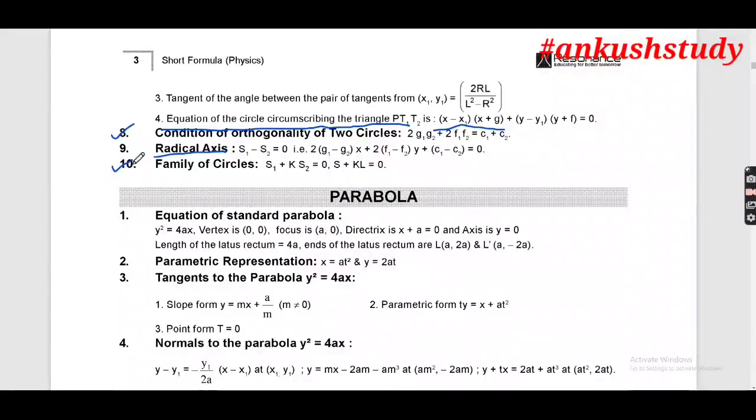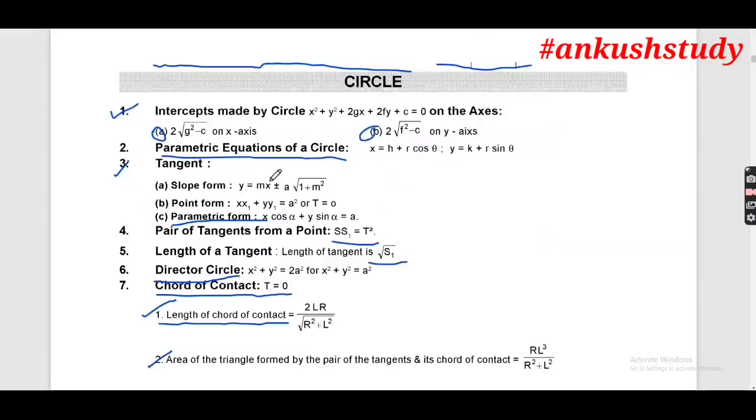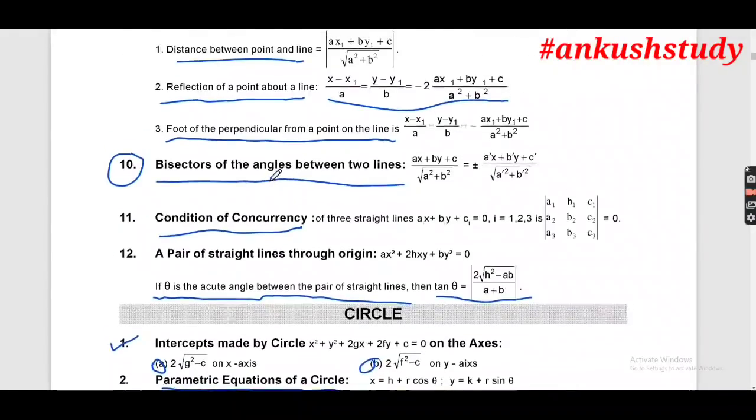And this is the last formula of this chapter, family of circles. S1 + kS2 = 0, S + kL = 0. So this chapter's formulas are also done.